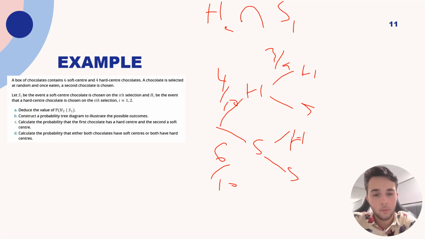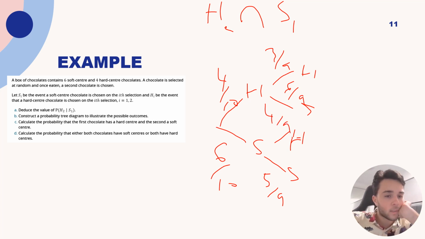And if you pick a soft one, there's going to be 6 left over 9. Over here, you've picked a soft one, so there's going to be 5 over 9, and 4 over 9. So now you can determine H2 intersect S1. Well, H2 and S1, so you're looking at S1 first, then the H over here. So 6 over 10 times 4 over 9.